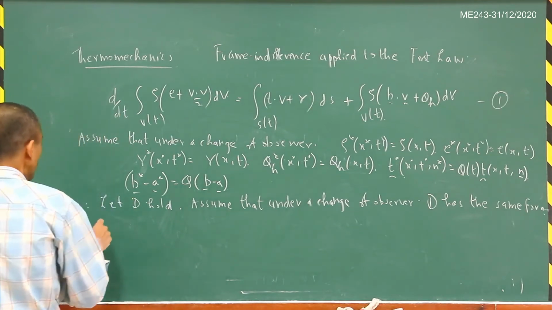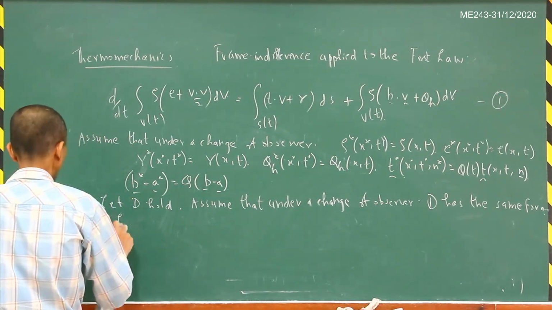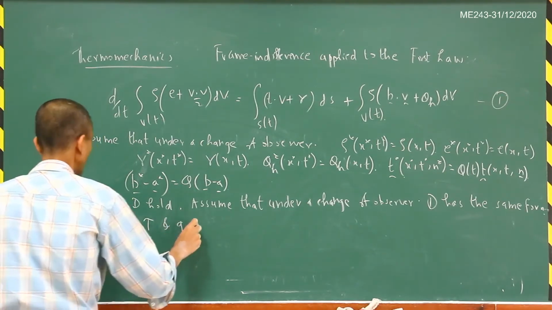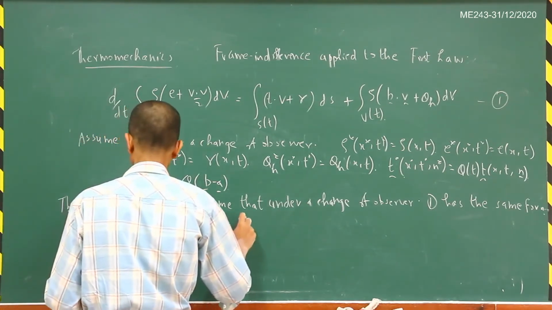Then there exist functions tau and q such that t is equal to tau n.